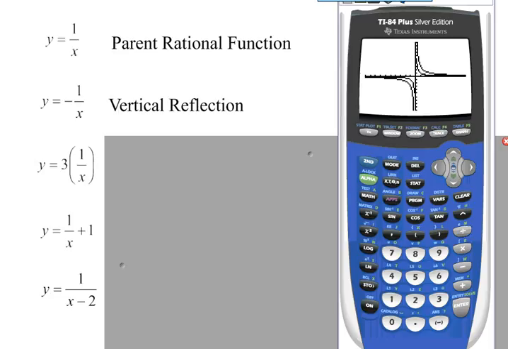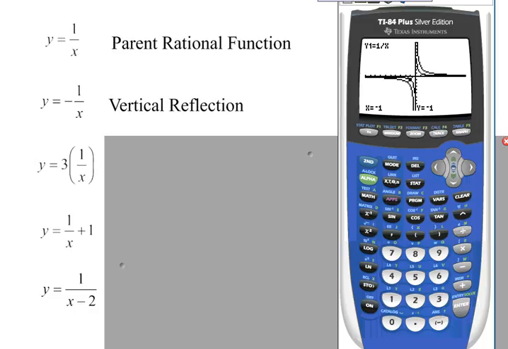So the 3 out in front of the 1 over x has given us a vertical dilation, and we can confirm this by doing some tracing on the graph. So let's go trace. Now notice that we're on the first equation, y1 here. And remember we said if we typed in 1 for x, we have the point 1, 1. If we type in -1, we have the point -1, -1, right? Those are our key points that we're going to use for dilations.